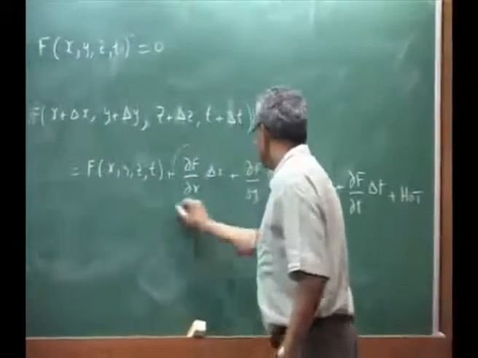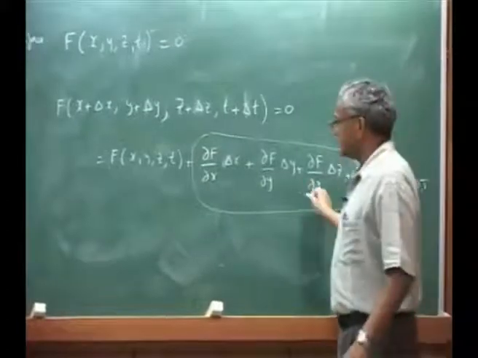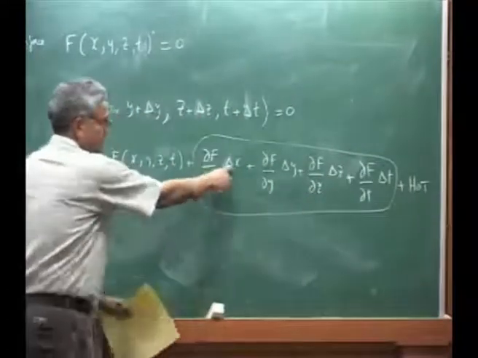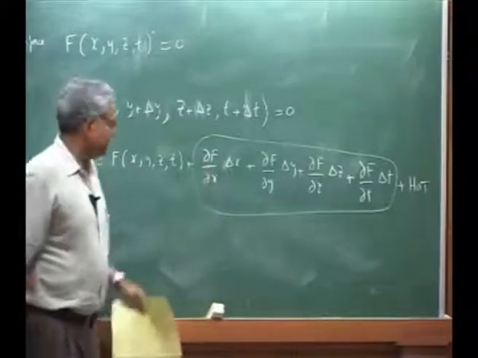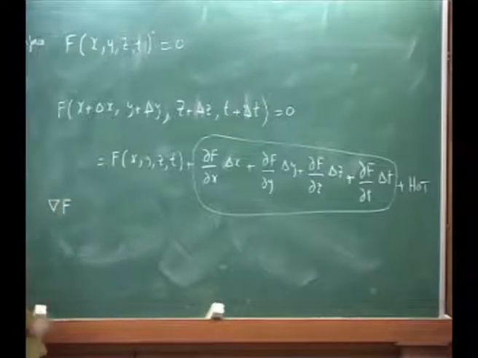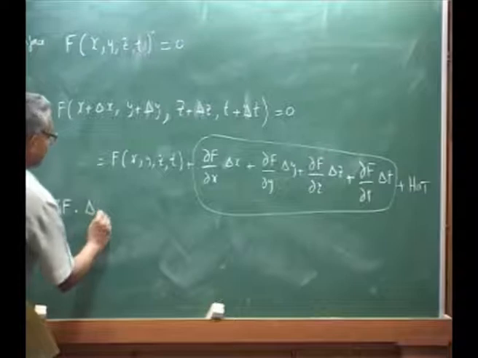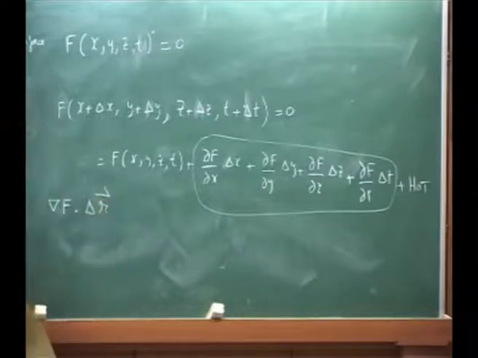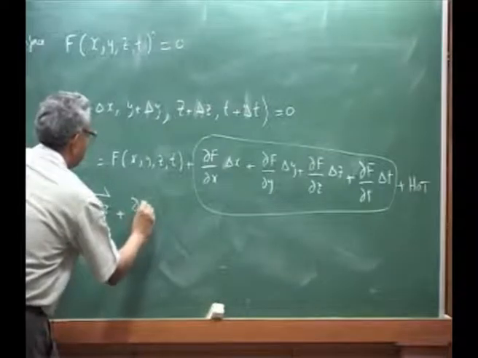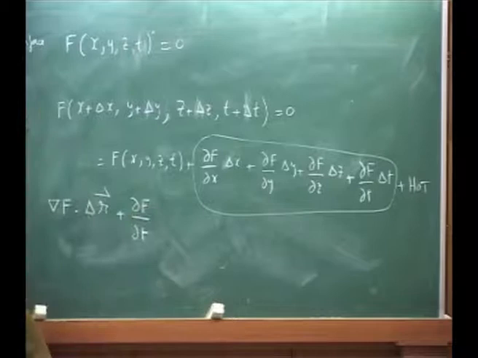You say this quantity is higher order term, you neglect it, and this quantity is nothing but gradient of f dot delta r plus delta f by delta t into delta t.